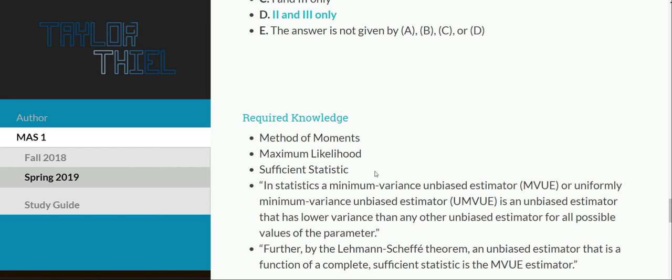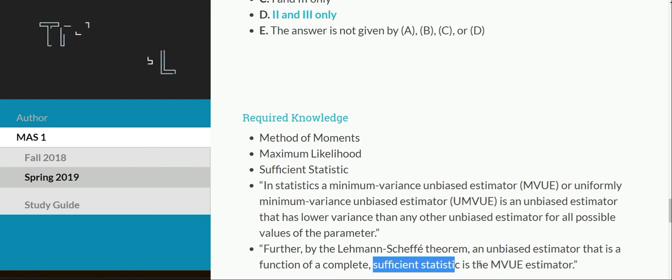Namely, if something is to be the minimum variance unbiased estimator, it is one, unbiased, and two, can be written as a function of the sufficient statistic. So if you have a sufficient statistic and can write some function using it that produces an unbiased estimator, then you know you have the minimum variance unbiased estimator.